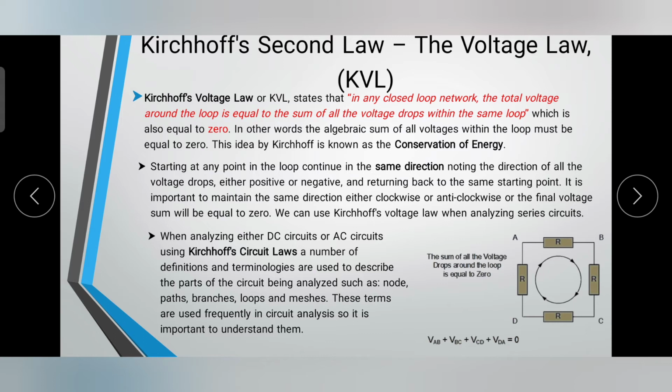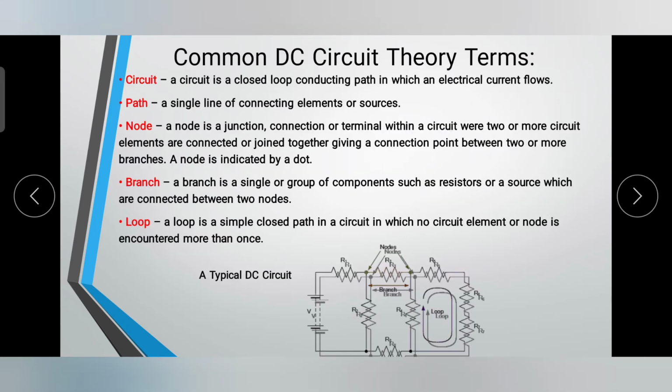When analyzing either DC or AC circuits, a number of definitions and terminology are used to describe them, such as node, path, branch, loop and mesh. So we can know what a node, path and branch are in this topic. We can use Kirchhoff's voltage law when analyzing series circuits.